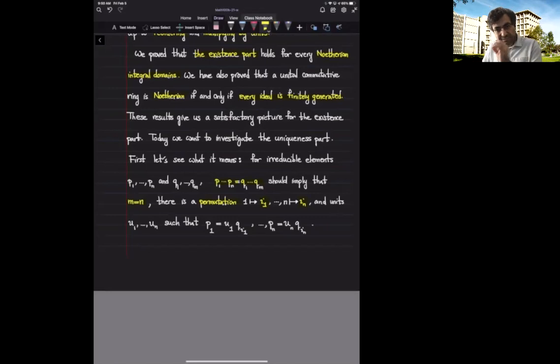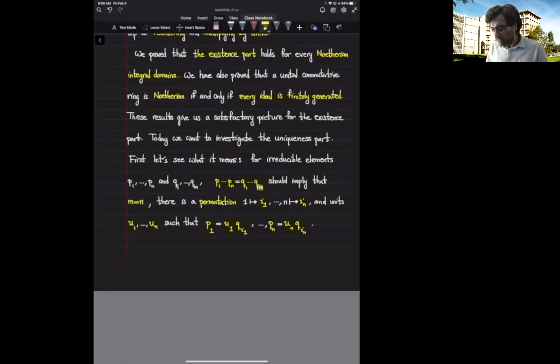And for each one of these indices, I should be able to find a unit such that when I multiply the i_jth term by u_j, I end up getting p_j. So essentially, these irreducible elements are the same from a multiplicative point of view. Their slight difference is that they might differ by a unit.